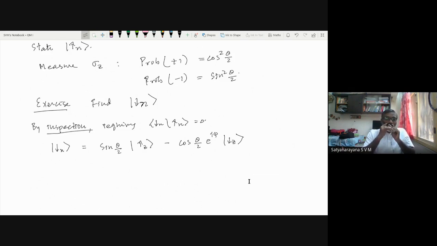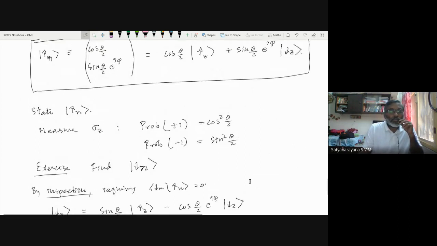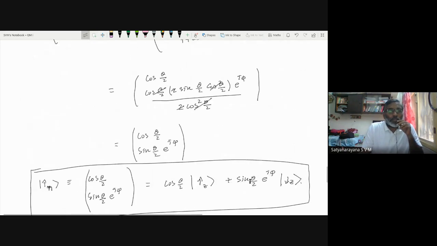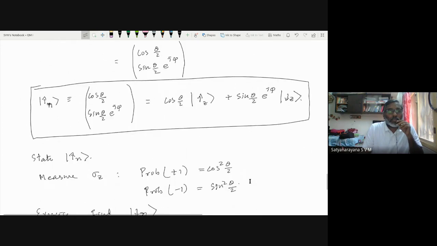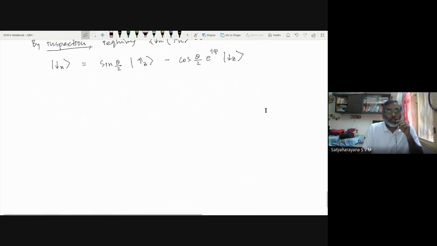Okay, so this is one part that I wanted to show you. And how do we integrate this concept to quantum mechanics?